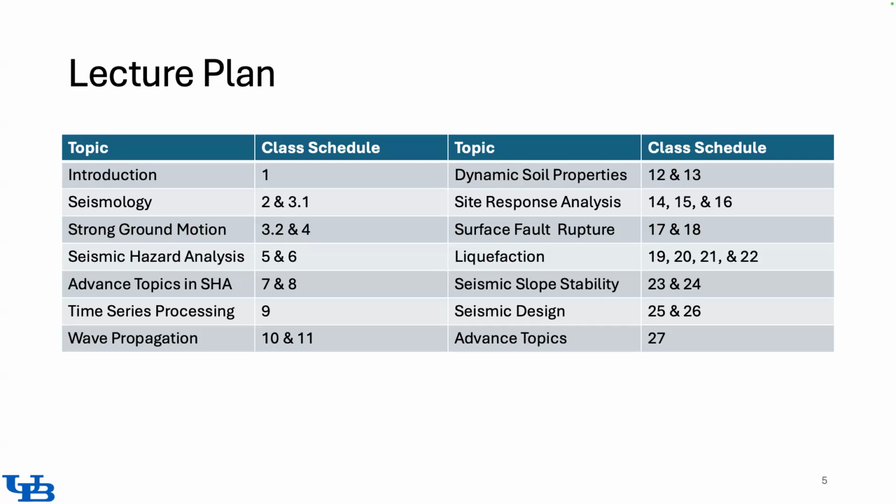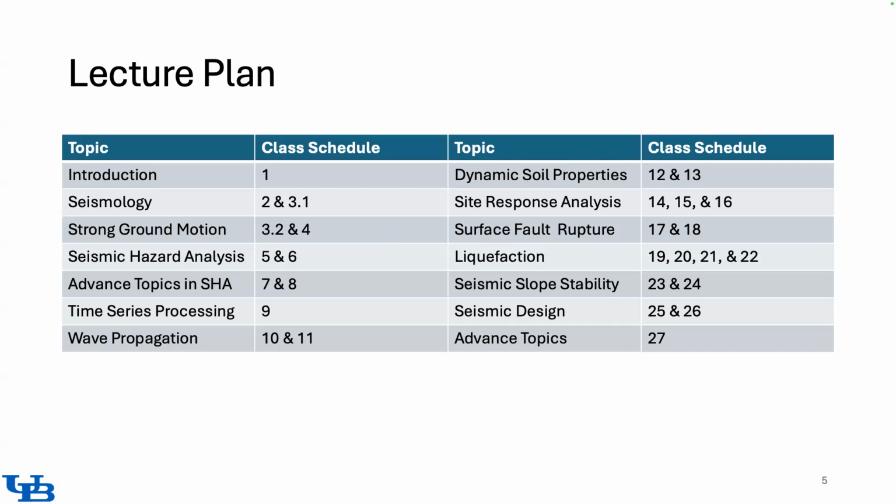Then wave propagation and site amplification, understanding how ground motion near the surface or in basins is amplified and how that can create higher demands on our structures. Then we will go through a number of earthquake-induced geohazards, first covering soil properties and how they may change based on dynamic loading.